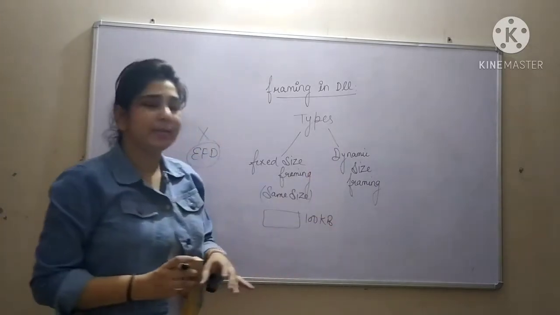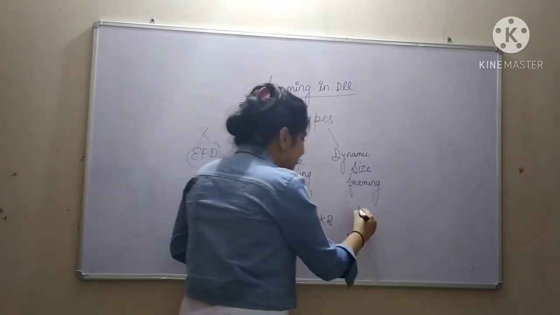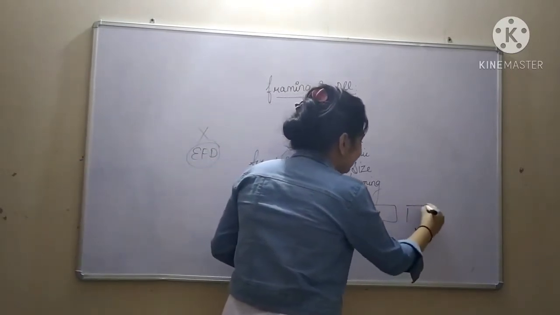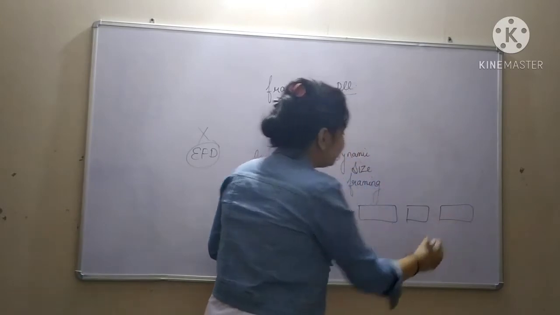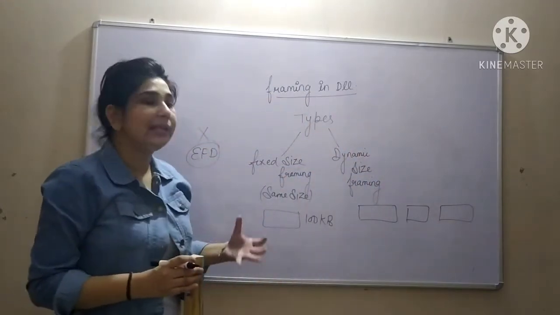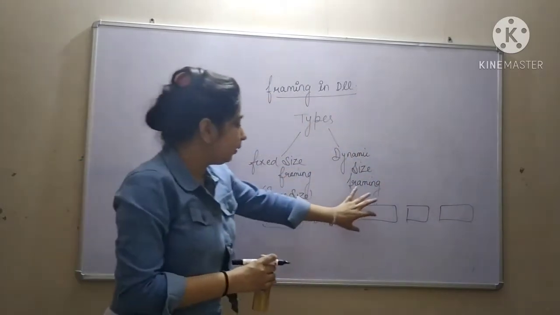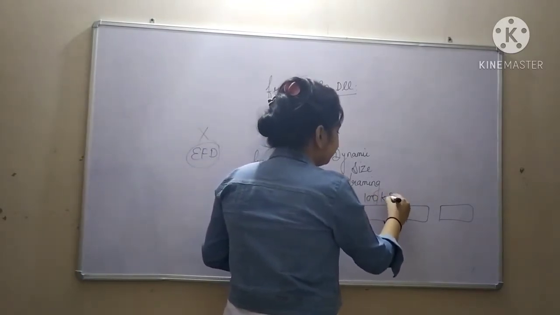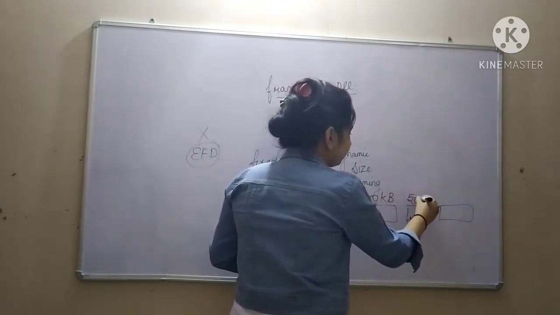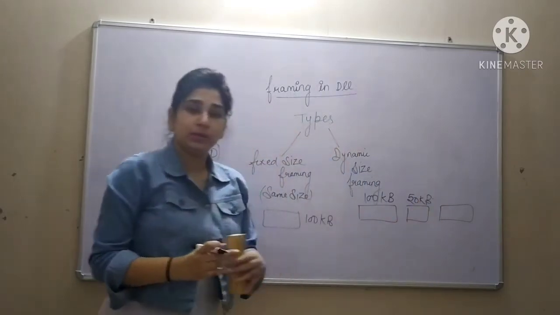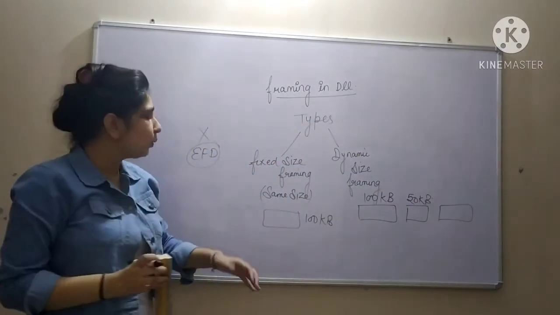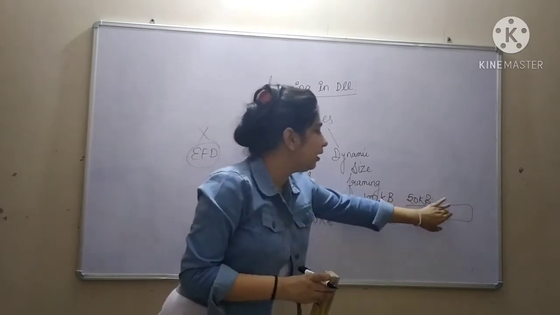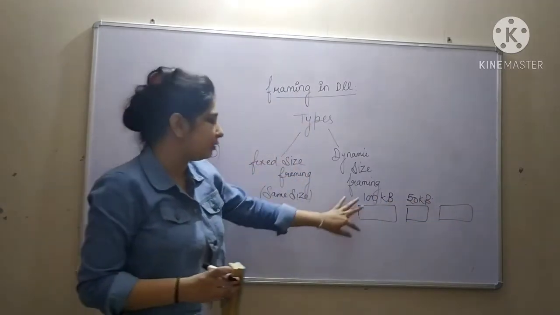And what is dynamic sized framing? Dynamic sized framing is a framing where each and every frame has a different size, a different length of bits. So one frame is 100 KB, one is 50 KB, and so on.